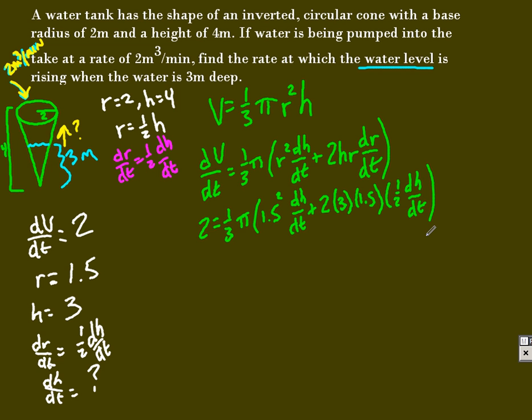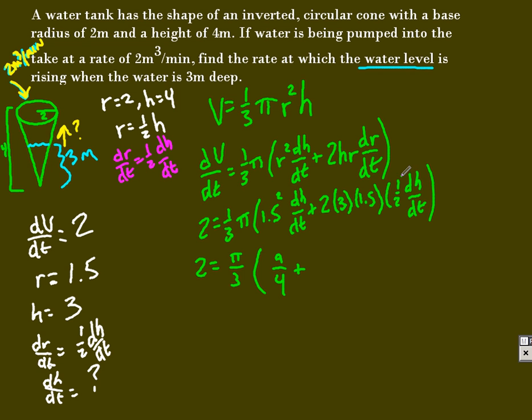Next thing we do is just to try to simplify this, which is not very pretty, not very easy to do. So when we do this, we'll end up saying 2 is equal to pi over 3. We're going to have 1.5 squared, which is equal to, I want to make sure I get this right. We're going to turn it into a fraction just because it's going to be easier. Make it 9 over 4. And then plus this whole thing right here.